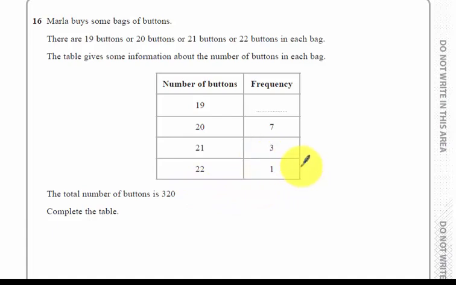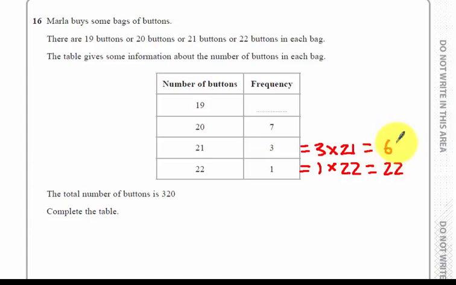Now if I start down here, I've got one bag with 22 buttons in, that means that so far I've got 22 buttons. If I come to this row, I've got 3 bags of 21 buttons, and use your calculator for these sums.